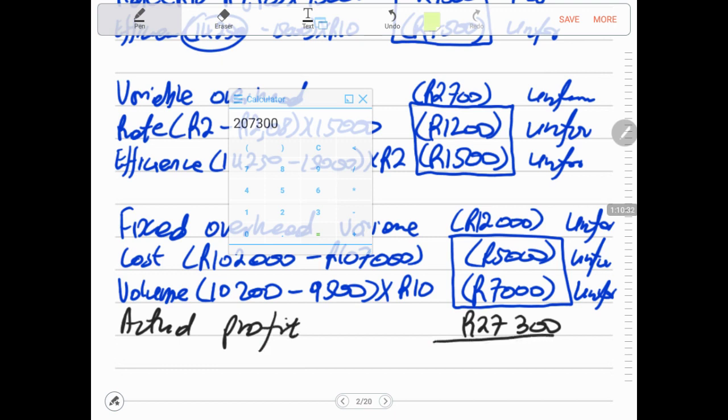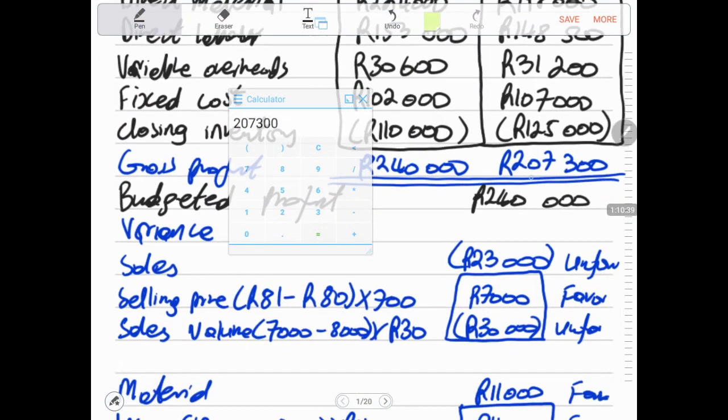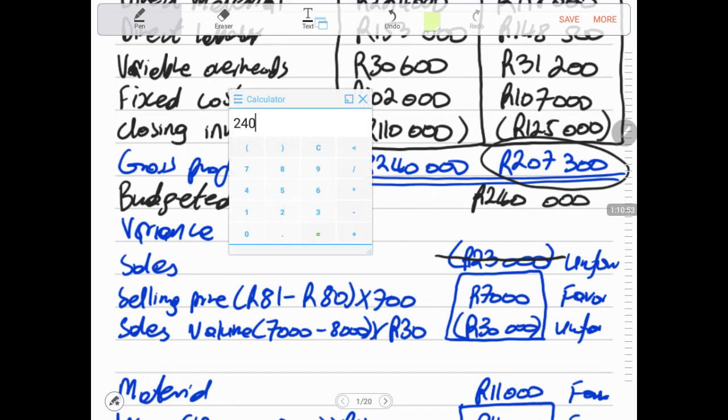So the difference between the budgeted profit and the actual profit is because of the variance. Now let us confirm our actual profit. There is our actual profit, 207,500. You just say budgeted profit. If you want, you can just not have the total of the variance here. You just say 240,000 plus 7,000.